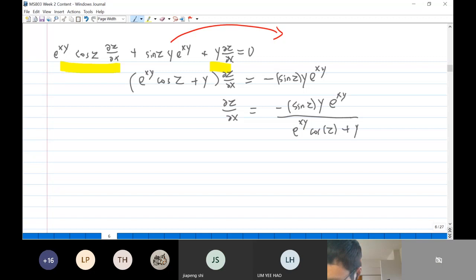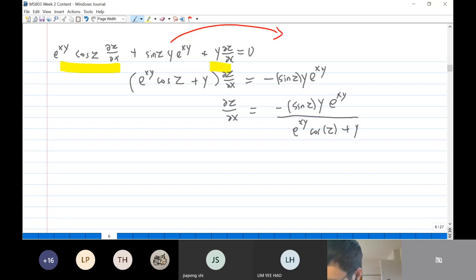This is implicit differentiation, so that in the answer, you still find z inside the answer. Then z still appears in the answer. So this is called implicit differentiation. Okay, so let's try to find with respect to y now.